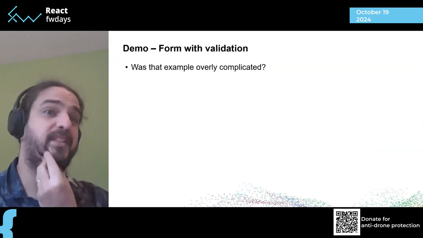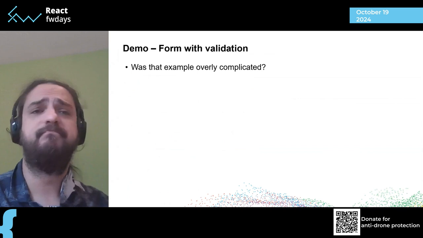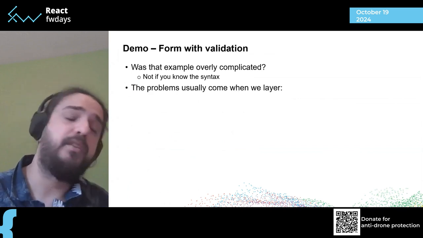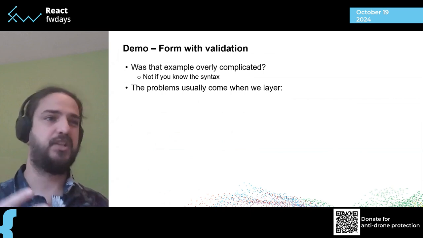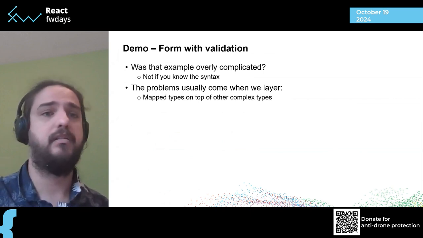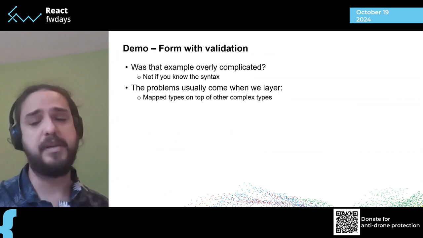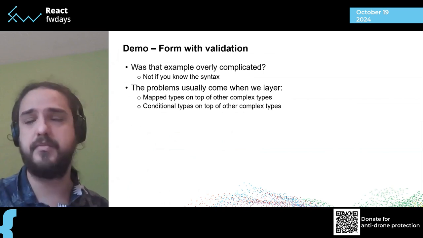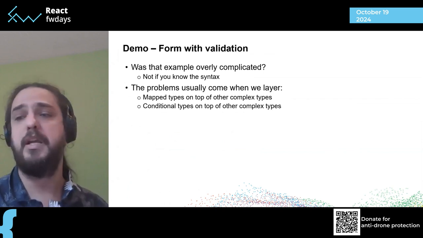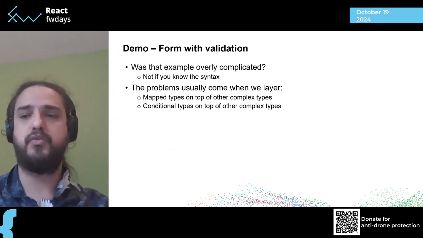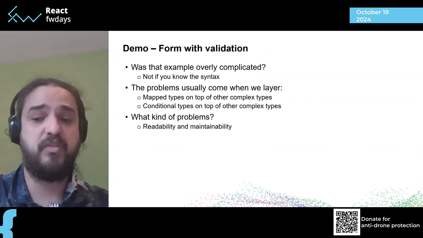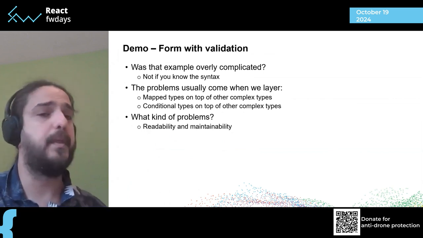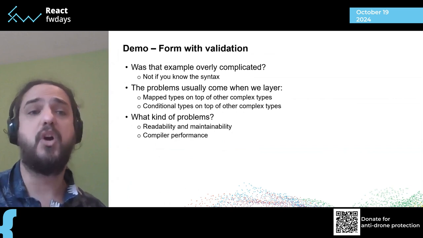So, was that example overly complicated? Well, not if you know the syntax. The problems usually come up when you layer such types one on top of the other: mapped types on top of other complex types, or conditional types on top of other complex types. That's when you tend to run into trouble. What kinds of problems? Readability and maintainability, which I already mentioned, but also compiler performance.